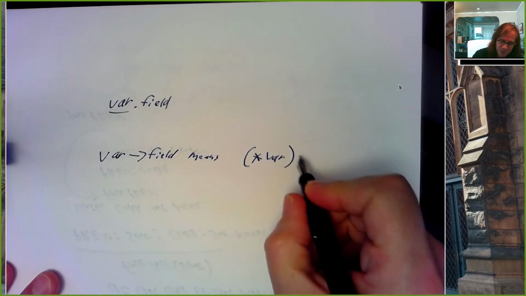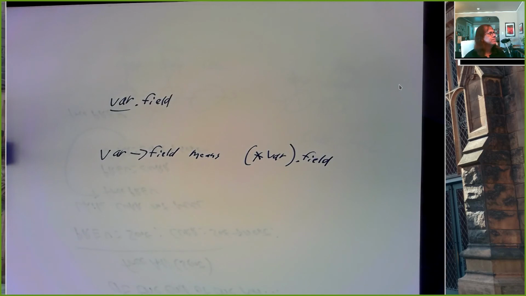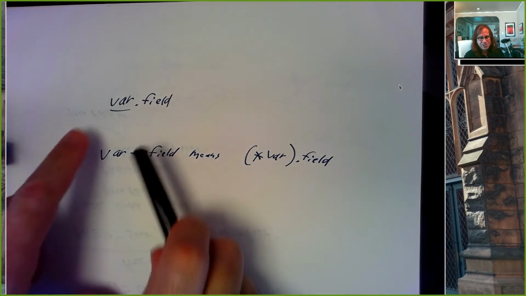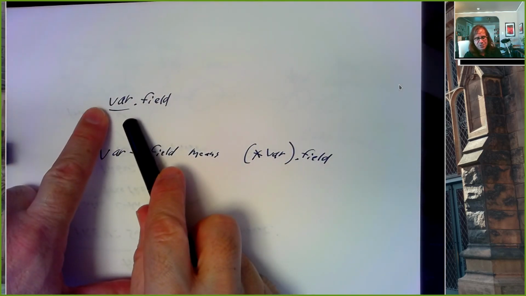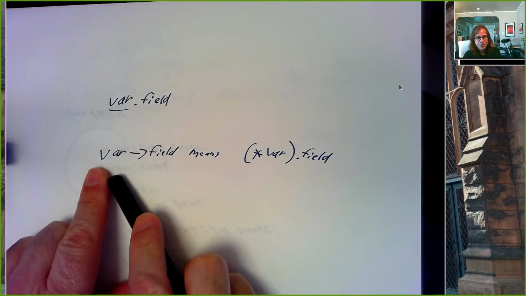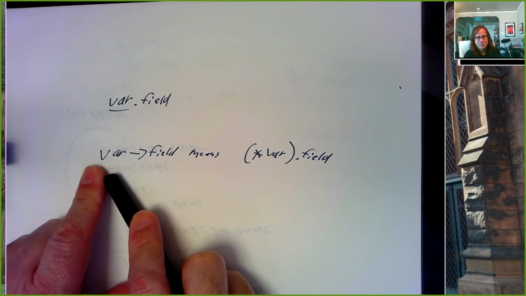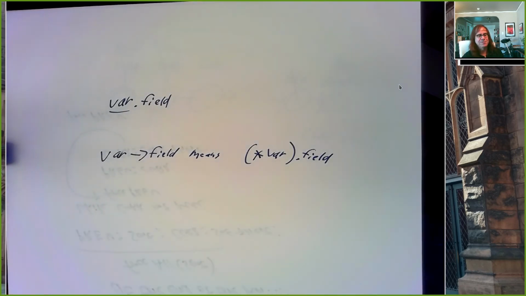So take the thing it points to and give me the field with this name. One pulls a field off of a structure; the other pulls a field off of a structure pointed to by this variable. It dereferences the pointer, sees what it points to, and then grabs the field. So it's just a shortcut for that.